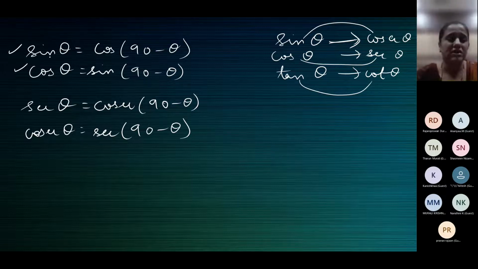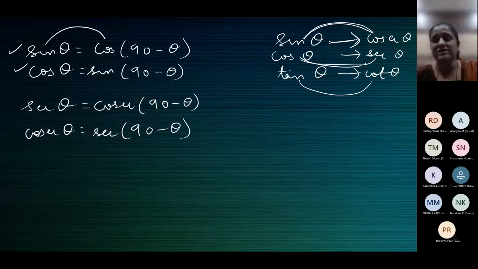Now what we're seeing here are trigonometric ratios of complementary angles. Sin and cos are complementary ratios. Sin and cosecant are reciprocal ratios. Cos and secant are reciprocal ratios.